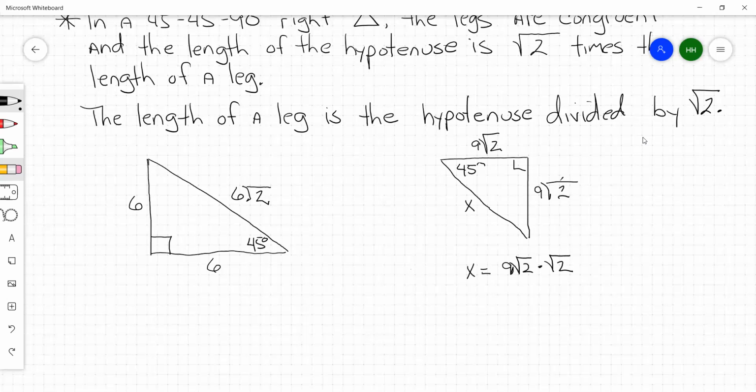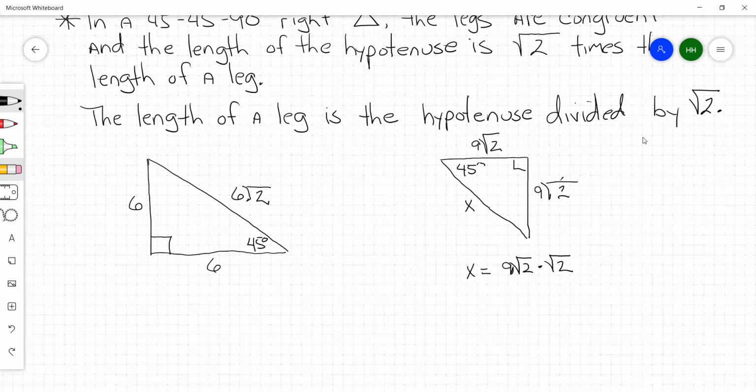Now, when you're dealing with radicals in this case, you're allowed to multiply numbers that are outside the radical by numbers that are outside the radical. Okay? And you're allowed to multiply numbers under the radical by other numbers that are under the radical. That's the rule. So do you see this second square root of 2 here?